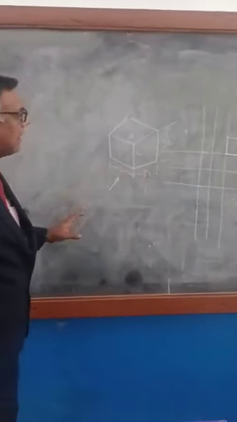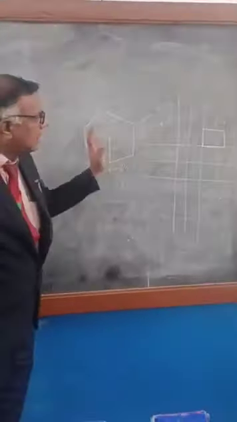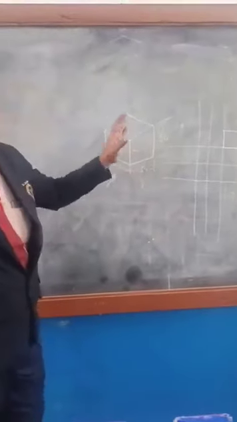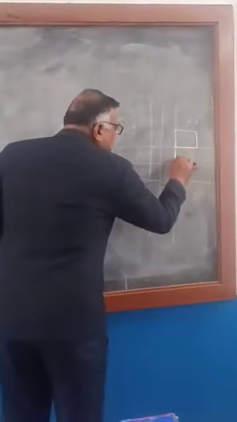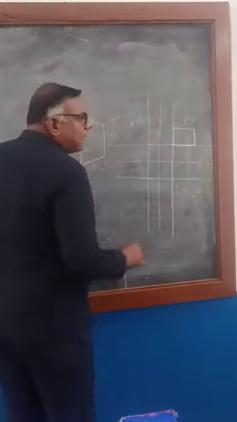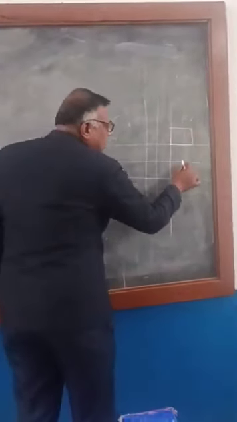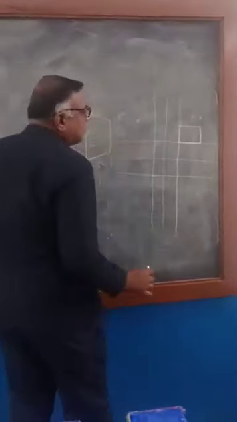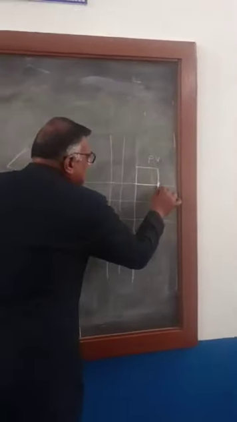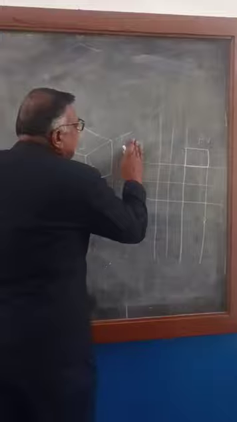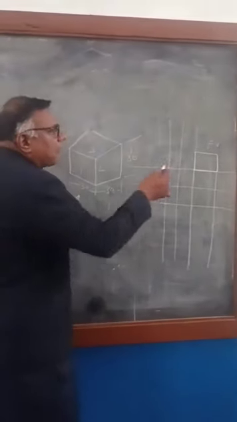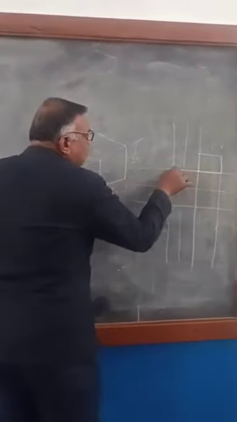Next, for any diagram, as I told earlier, we have to draw projections from the front view and the top view. Draw a vertical projection: if there is any vertical line, project it downward. This is 1 and this one is 2. For getting the side view, draw a horizontal line from the front view to the side view.